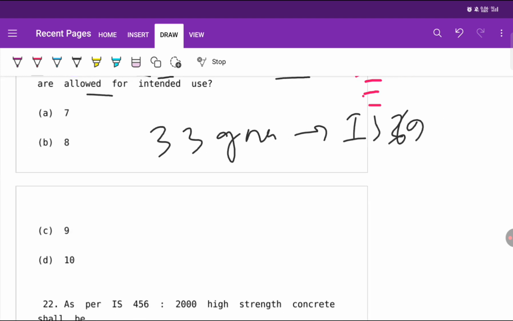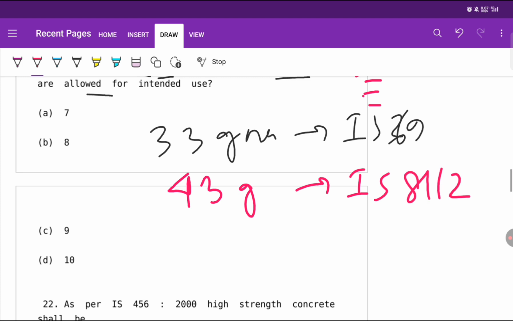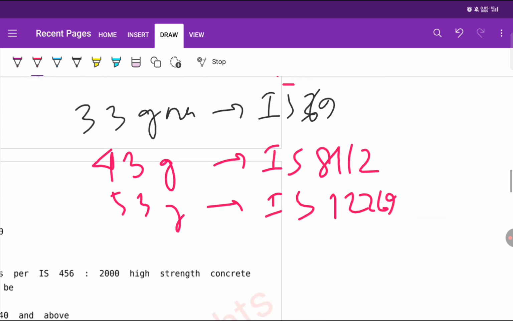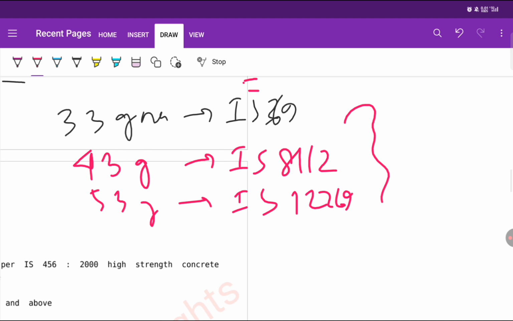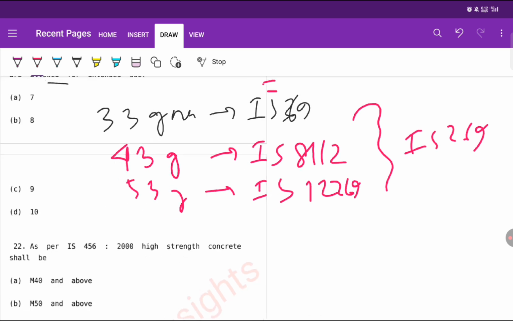Okay, then we have 43 grade, that is our IS 8112. Okay, then 53 grade, IS 12269. Now these things are combined into IS 269.